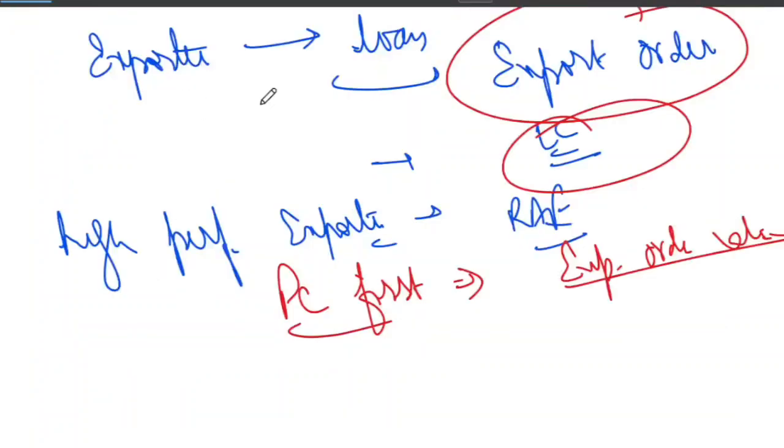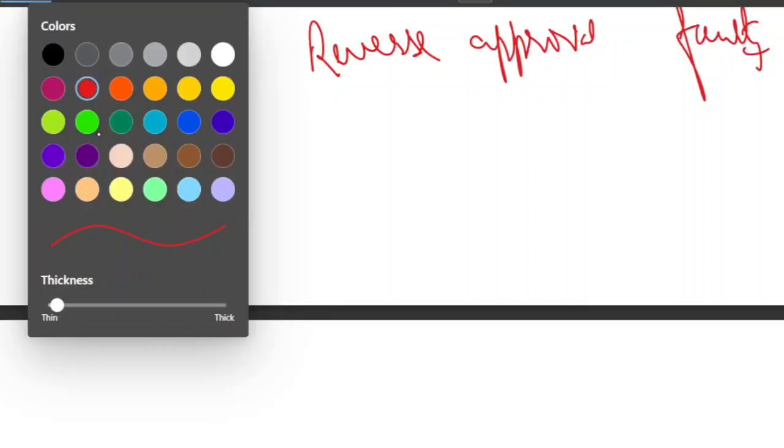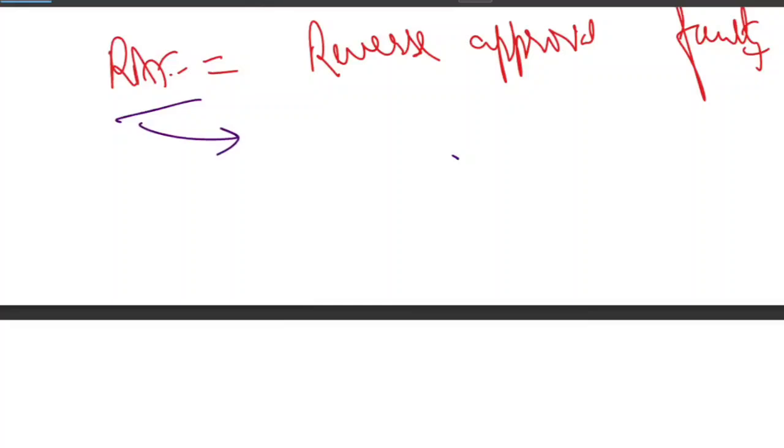So you may remember this RAF like this: reverse approval facility. What does it mean? In normal packing credit, it says you show me the order first and then take money later.